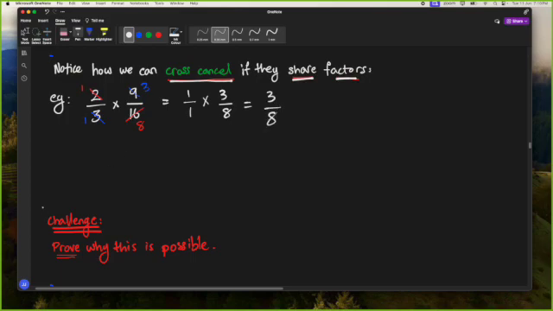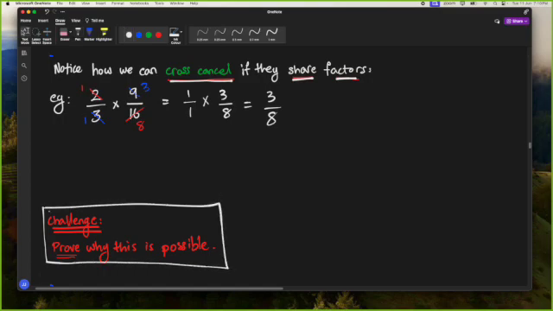Here is the challenge. Check this challenge. And I'm going to take off Mr. Capybara for this. How is it possible that I could take the numerator from one fraction and cancel it with the denominator of a totally different fraction?